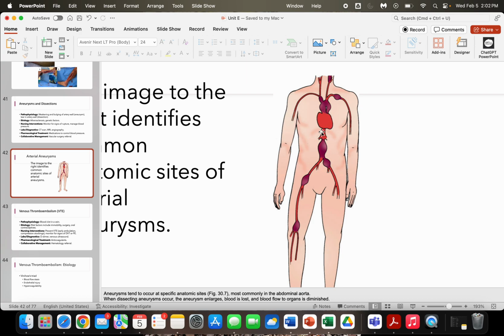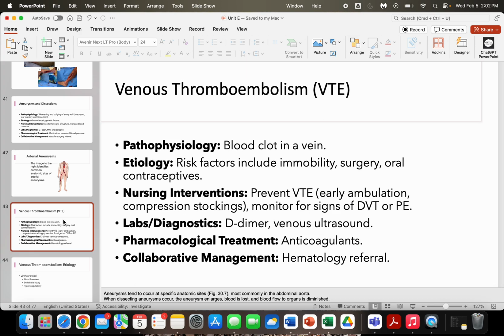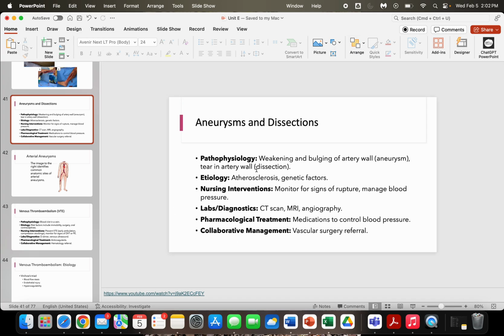In the event that they manage to catch it, they need emergent life-saving surgery. I think I've seen a couple of these, and I don't think I've seen anybody survive one yet. It's very important to note that these people usually don't live very long if it dissects.